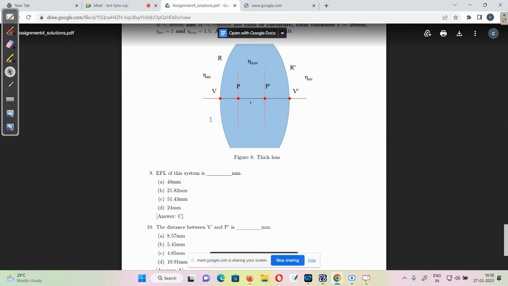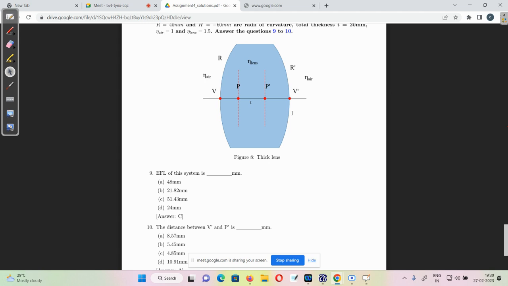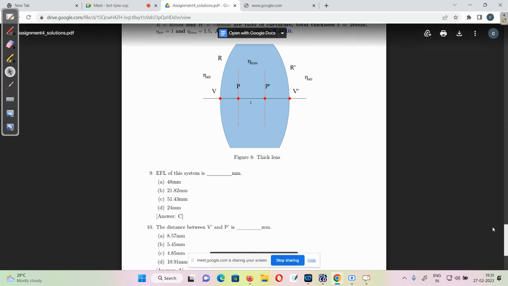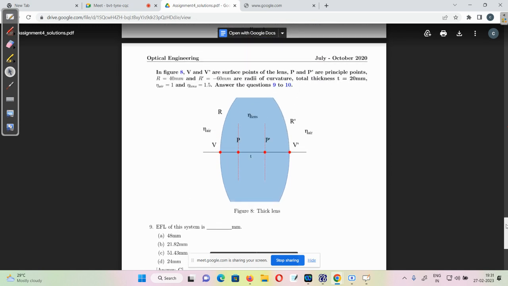Now you can say that this is a thick lens. Yes, sir, this is a thick lens. They are asking for the EFL of the system, the effective focal length of the system, and they are asking for V prime and P prime, what's the distance. I have to put... but how? Okay, I'll ask one question.